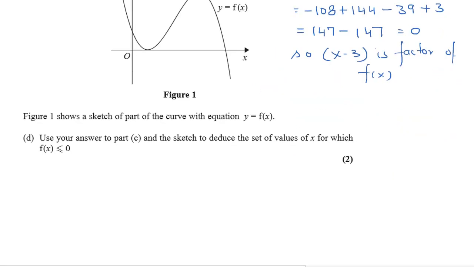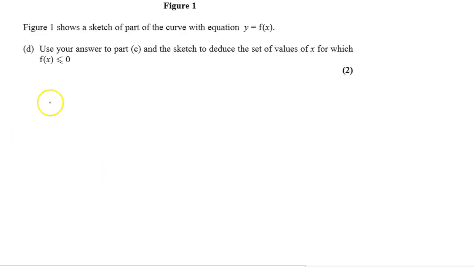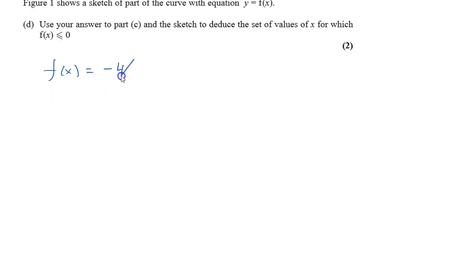So let's factorize it. f(x) is minus 4x cubed plus 16x squared minus 13x plus 3.